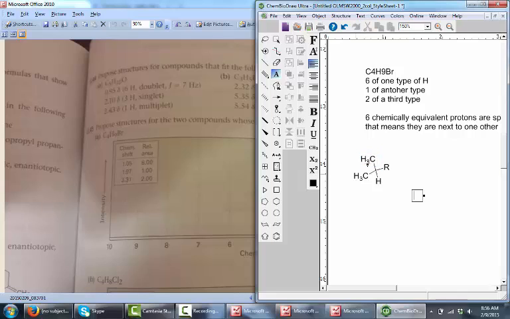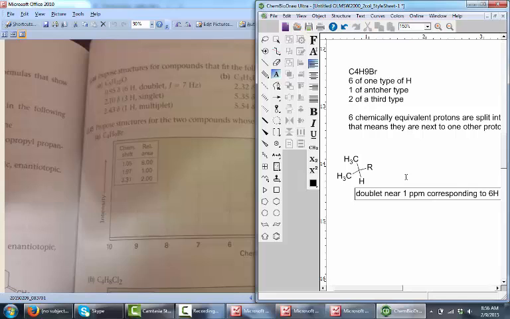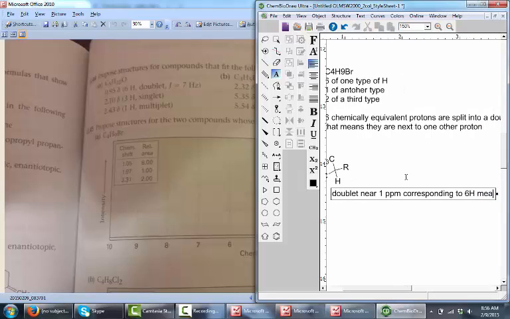So I have these 2 methyl groups that are chemically equivalent, so they give me one signal corresponding to 6 protons. And because they're next to a carbon with 1 H on it, that splits them into a doublet. So this is another common motif. A doublet near 1 ppm corresponding to 6H means isopropyl group often.